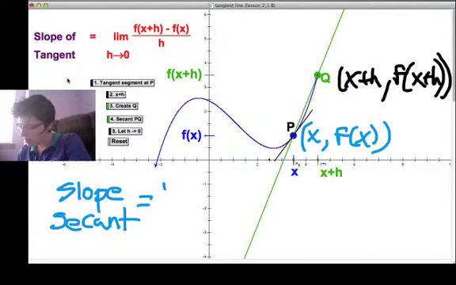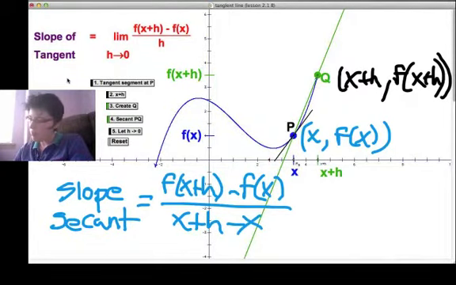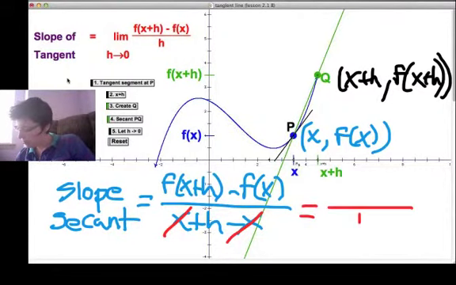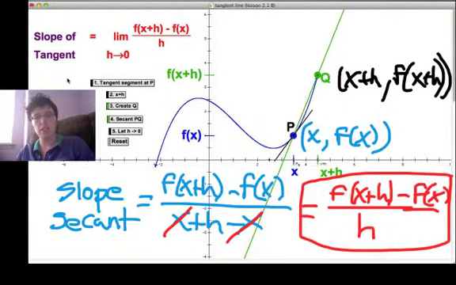The y values would be f of x plus h minus f of x, all over x plus h minus x. You can't really clean this up much other than canceling the x's, leaving an h on the bottom and f of x plus h minus f of x on top. And this represents the slope of your secant line.